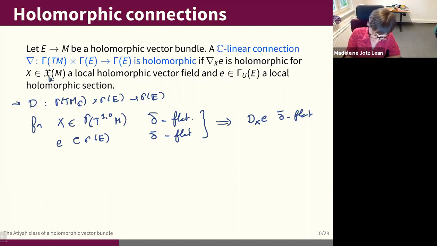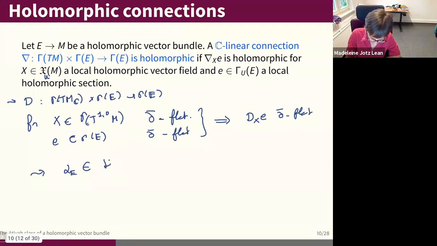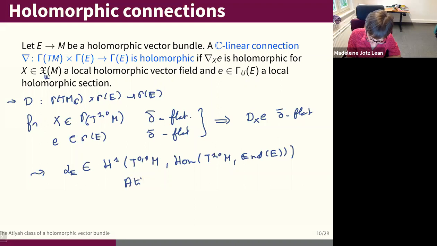And so with the same construction as before, we get the Atiyah class of E, which is, sorry, not an omega, but a cohomology class in T^{0,1}M with values in Hom(T^{1,0}M, E). And it's the Atiyah class of the holomorphic vector bundle E.